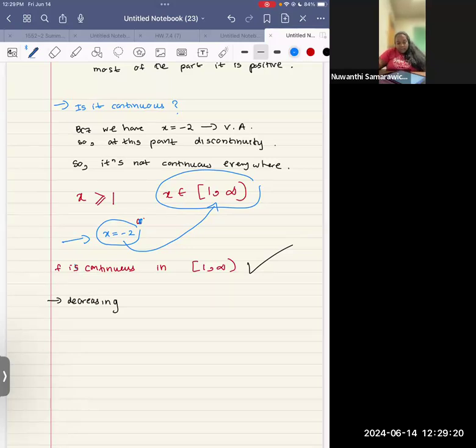How do we find decreasing? We can use the first derivative test. What is the first derivative test? If we take the first derivative of the function and it is less than 0, that means we get a negative value, then we can say f is a decreasing function.